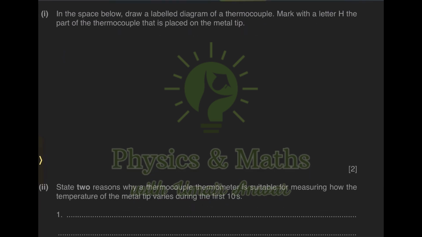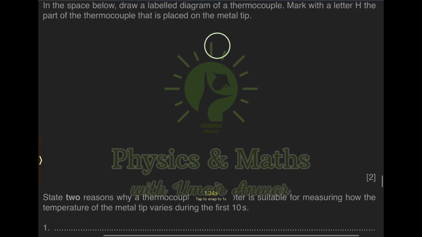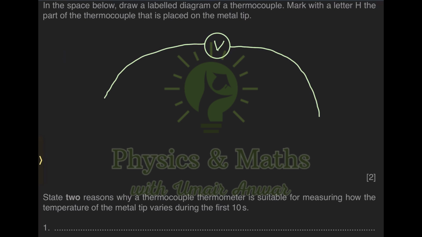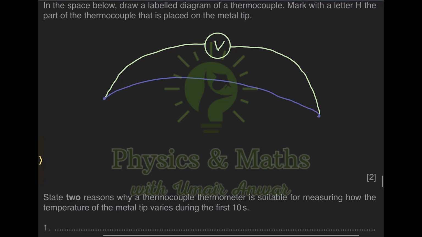For making a thermocouple, we need two different wires, and in one of the wires, a voltmeter is to be connected. So first of all, I'm making a voltmeter. So this wire with the voltmeter will have two ends. There is a second wire which is connected to the first wire, and these two wires are of different materials.